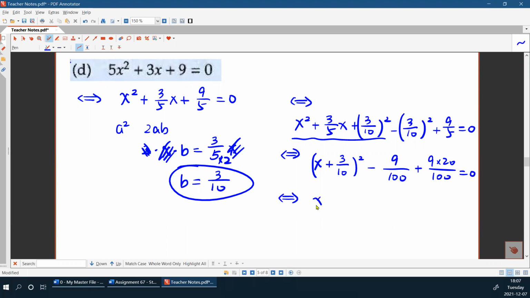And this is equivalent to (x plus 3 over 10) squared, and this should be 180 minus 9, which is 171, right?